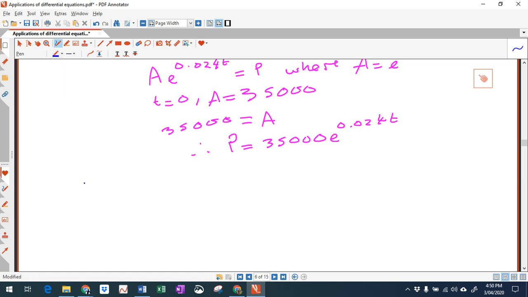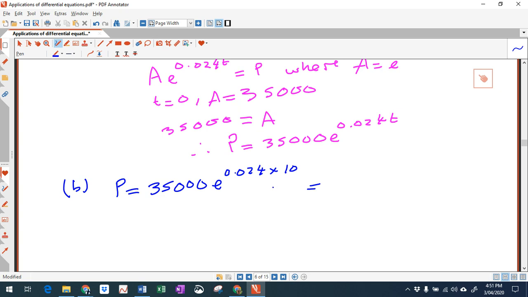All right, so part B. Population after 10 years. We're just going to sub in t equals 10. 35,000 times e to the 0.024 times 10. And let's see what that equals.